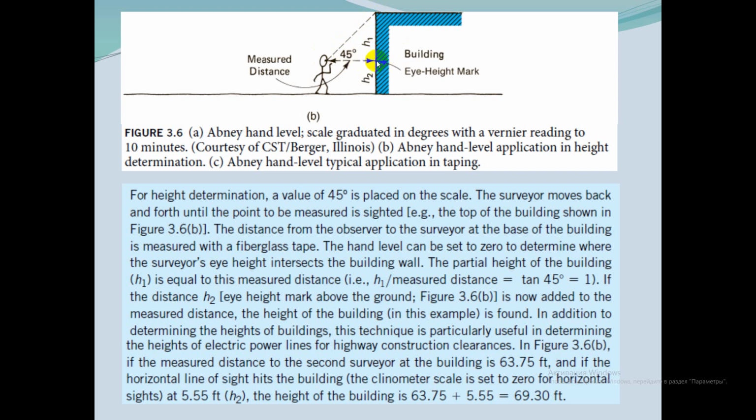If the distance h second, the height mark above the ground, is now added to the measured distance, you find the height of the building.